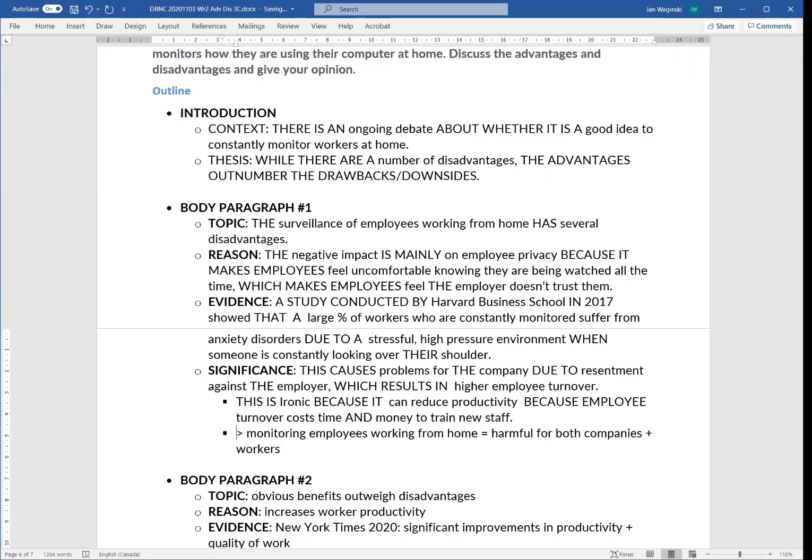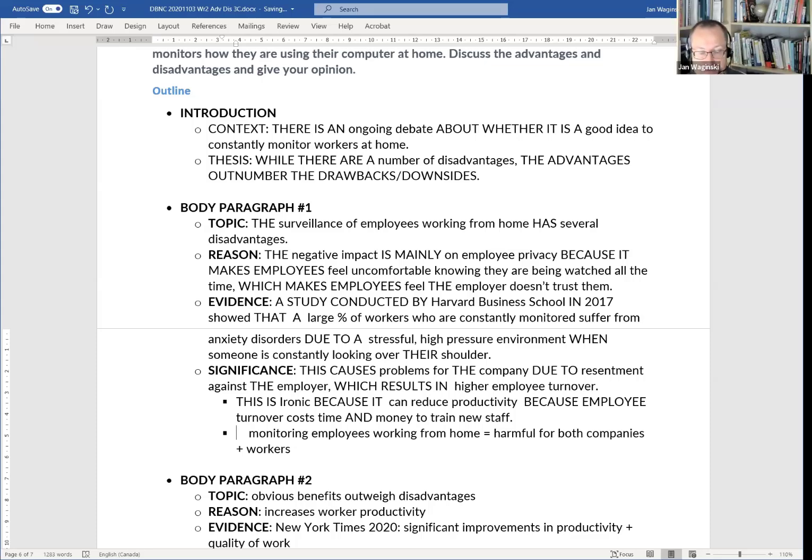Monitoring employees. Remember, this is the last sentence in that body paragraph.